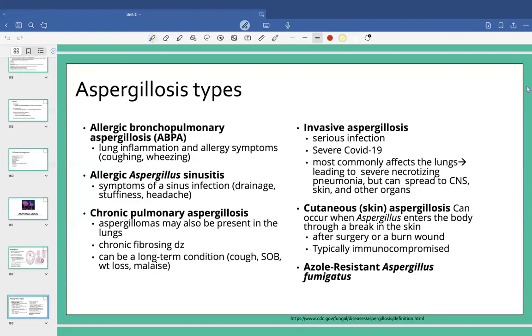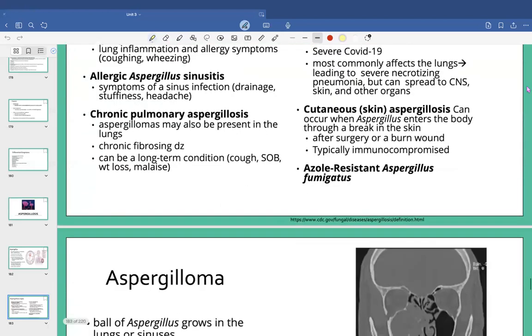So this is the picture of the aspergilloma, which is a ball of aspergillus that grows in the lungs or the sinuses.